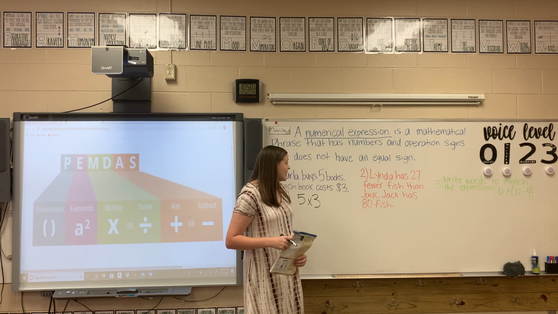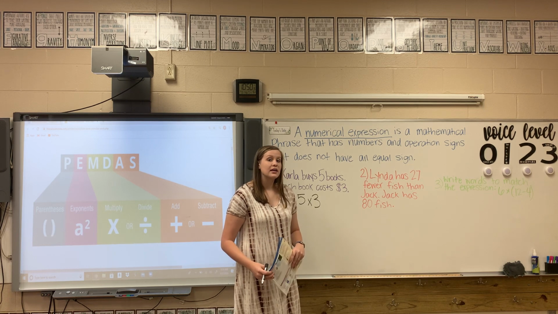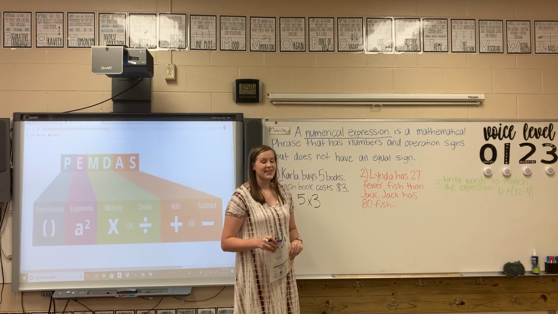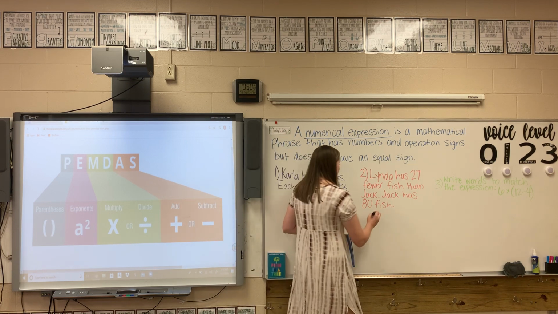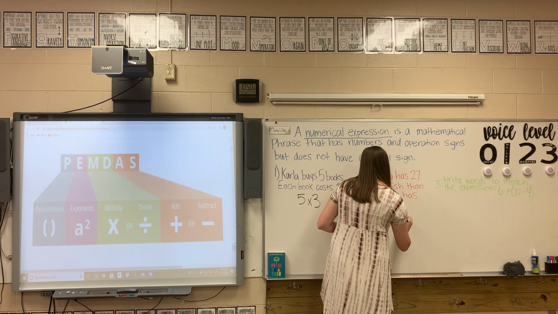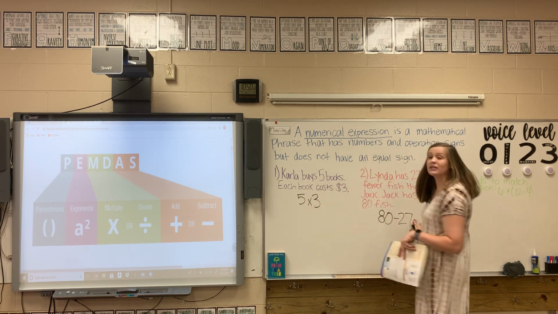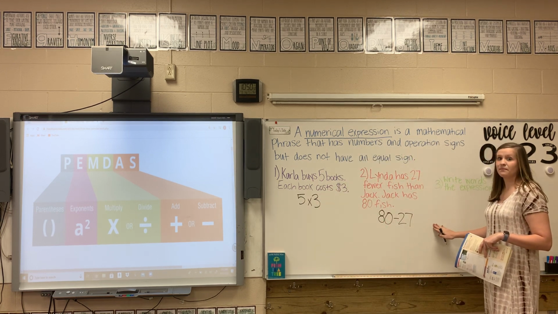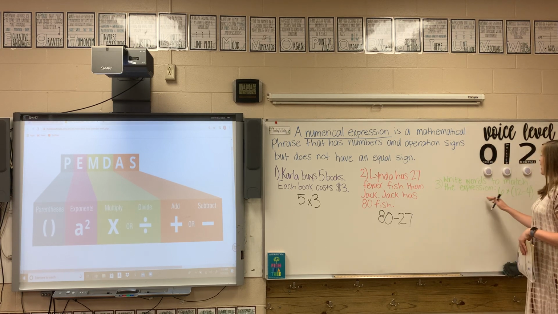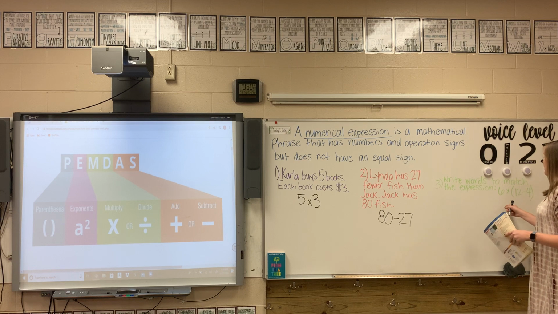Jack has 80, Linda has 27 fewer. So what is our numerical expression? 80 minus 27. Great job. And remember, we do not put an equal sign, okay? So let's move on. Our last problem says, write words to match the expression.